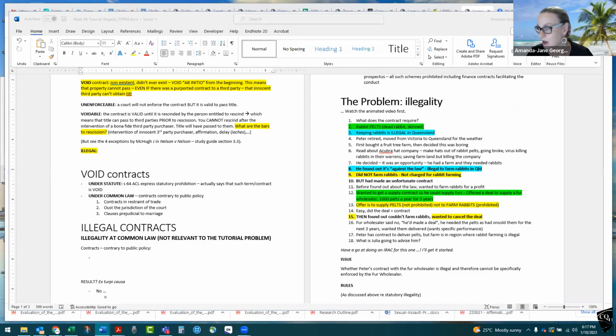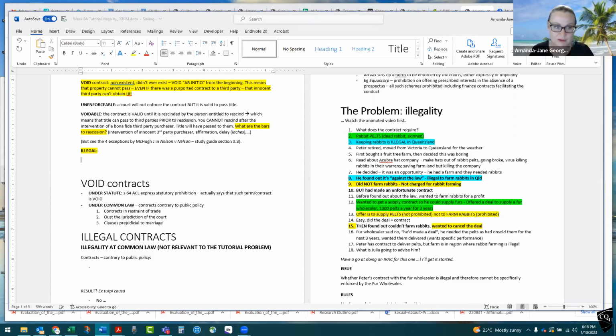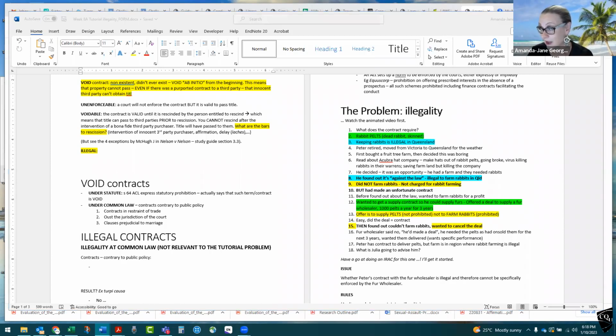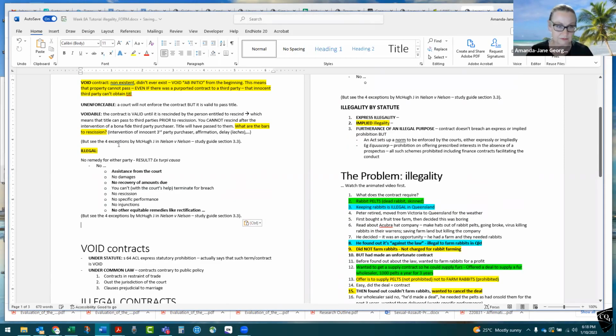Ex turpi causa. Now, if your contract's void, there are still some slim lines of pursuit that you can follow in order to try and get some remedies, okay? But with a contract that has been declared illegal and has the consequence of ex turpi causa, have a look at all of the consequences here.